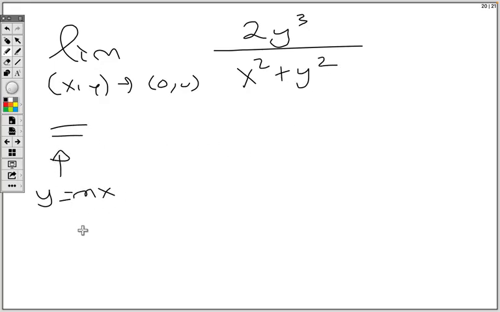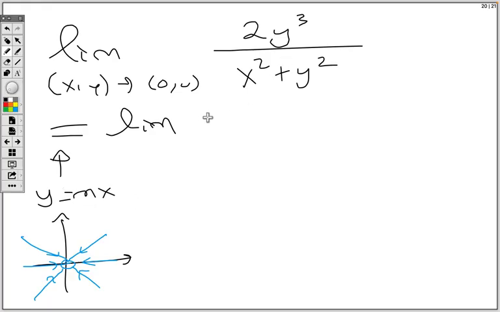So by doing this, we're sort of at one fell swoop looking at all the different paths coming into the origin, except for the y-axis, because there's no slope there. But any non-vertical line through the origin is going to get captured by this.